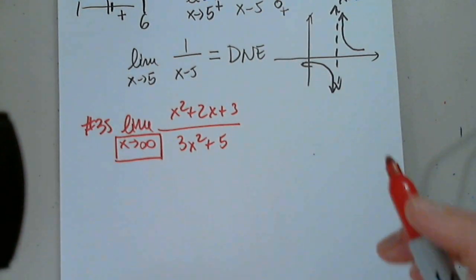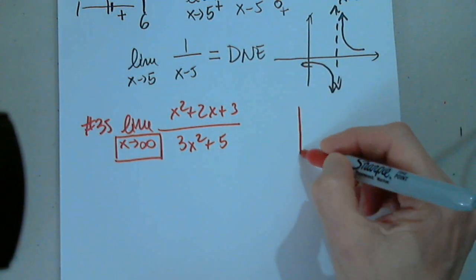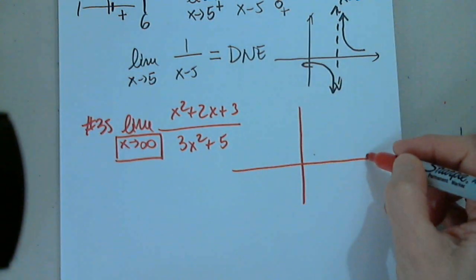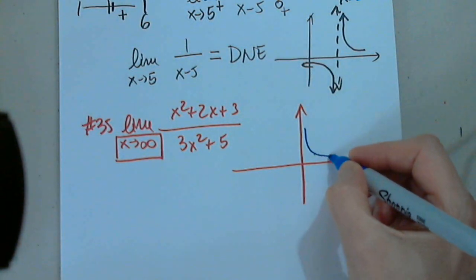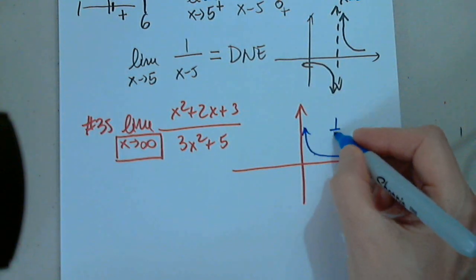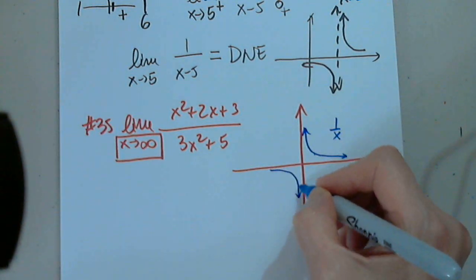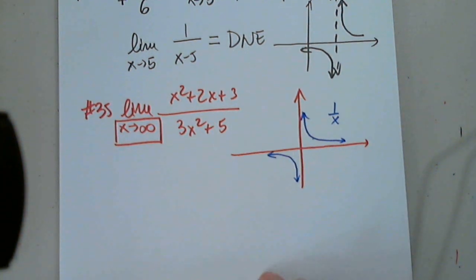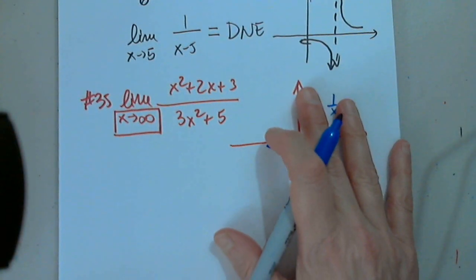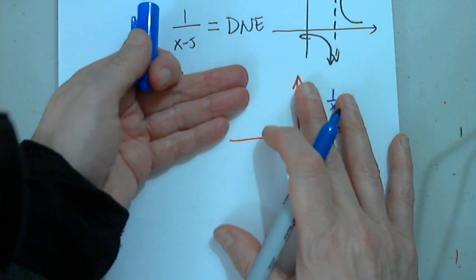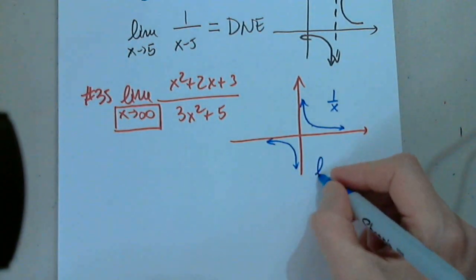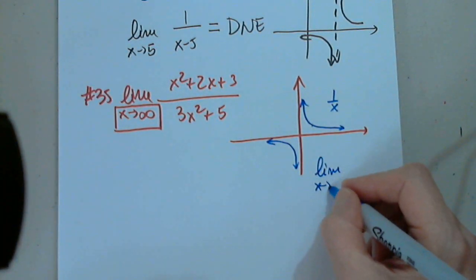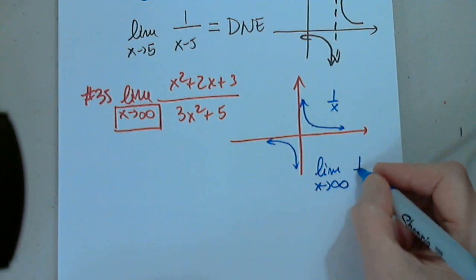Okay, I want to refresh your memory for 1 minute about a function that we looked at last time. I said, please remember this function, 1 over x. If I ask you now, before we even look at this problem, which appears to be more sophisticated, let's discuss this. Limit as x approaches infinity of 1 over x.